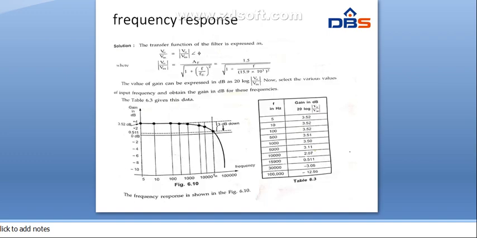At 15.9 kilohertz the gain in decibels is 0.5. If we increase the frequency beyond 16 kilohertz, the gain decreases, so it is -3, -12 and so on. So this is the frequency response of the low pass filter. Take different frequencies and calculate the gain, then we can draw the frequency response graph.